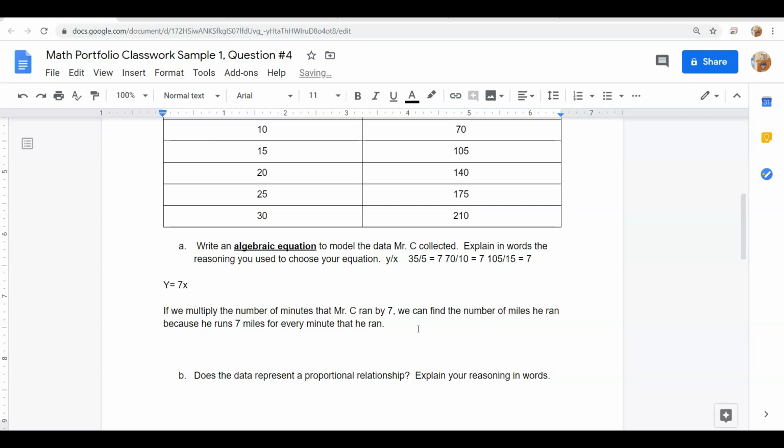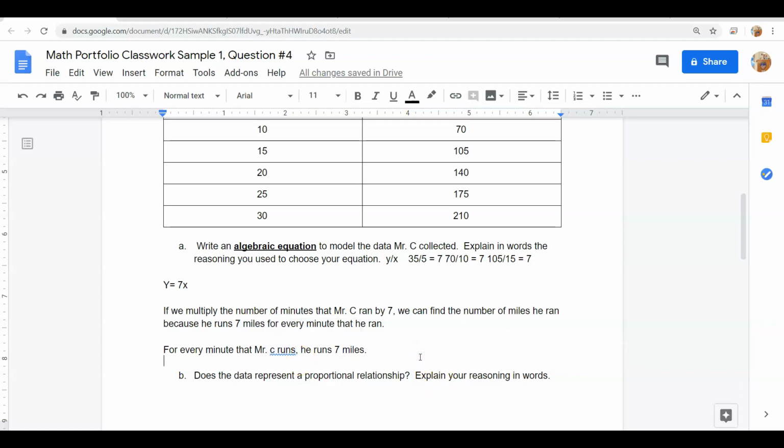You could also say this. You could just say that for every mile that Mr. C runs, he, sorry, see, even I make mistakes. For every minute that Mr. C runs, he runs 7 miles. That's it. This one would be the bare minimum. You need to just explain that for every minute that he runs, he runs 7 miles.